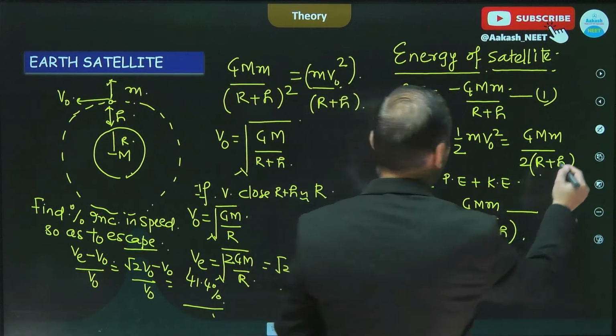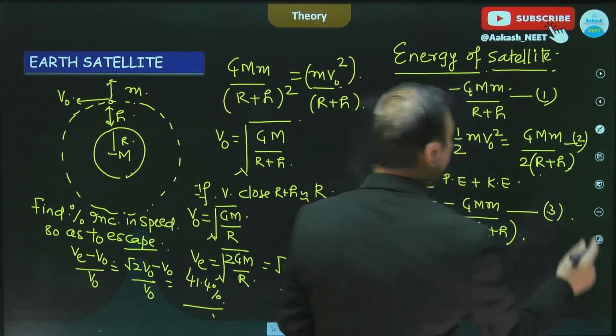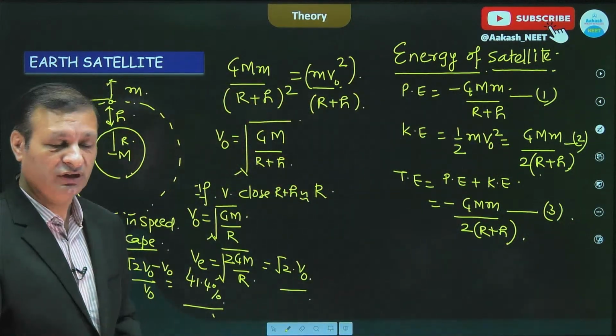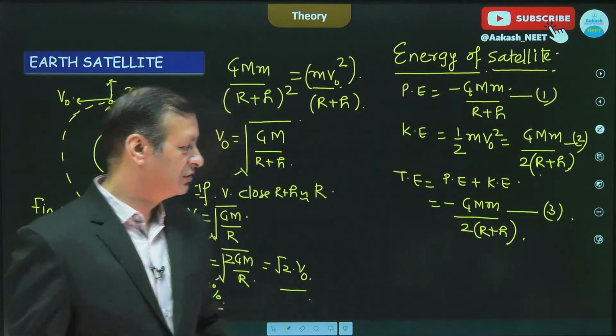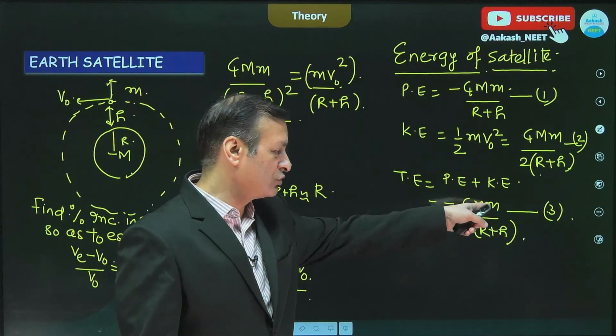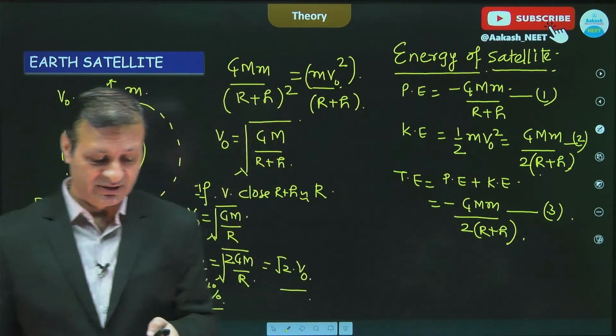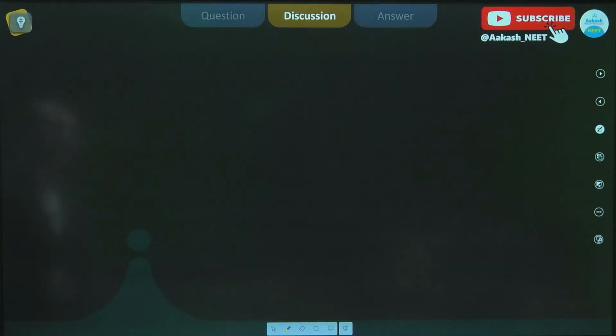So we have 3 important relations. These are very, very important. Now this time we have to make use of total energy. That total energy is minus capital G capital M small m by 2(R plus h). So based on this, we have a very fine numerical.